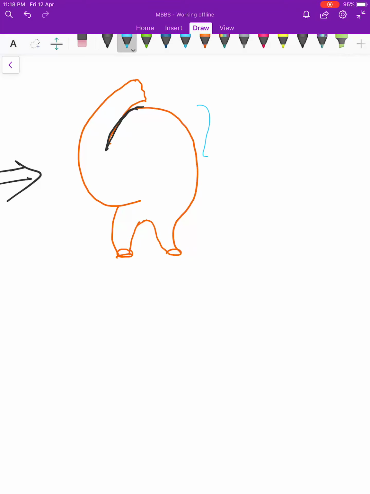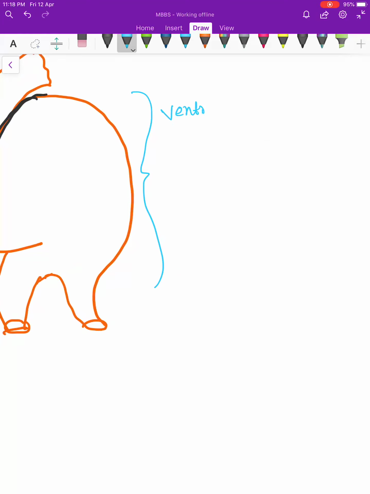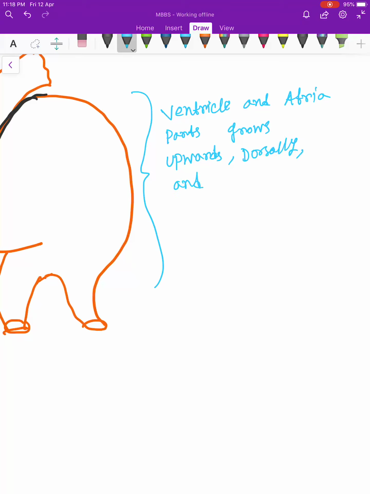So this portion is ventricle and atria parts grows upwards, dorsally and to the left side.